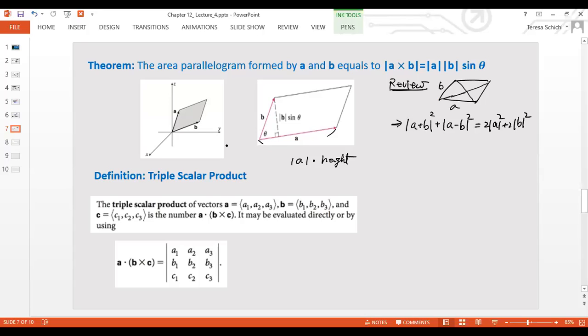Now let's take a look. The height is here, and this is the right angle.